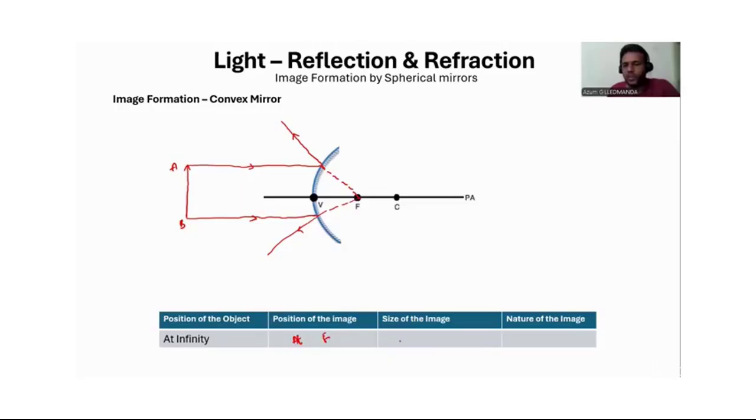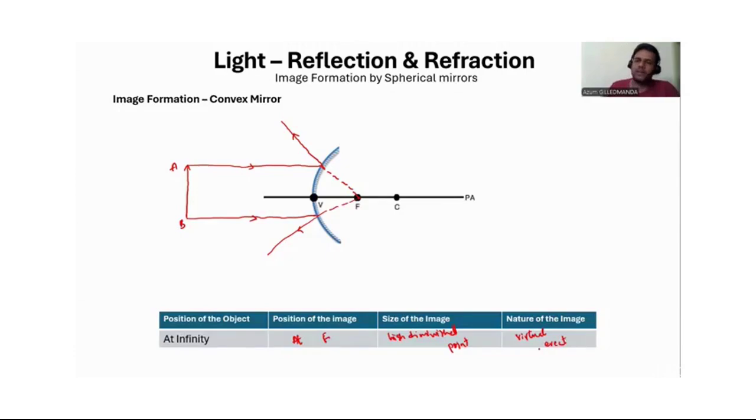And what is the size of the image? It is highly diminished, or we can also call it a point-sized image. And what is the nature of the image? Which side of the mirror is it forming? It is forming behind the mirror. Behind the mirror means it is a virtual image, and erect.